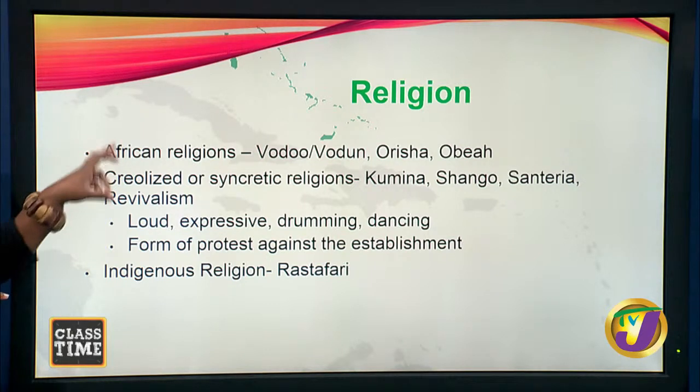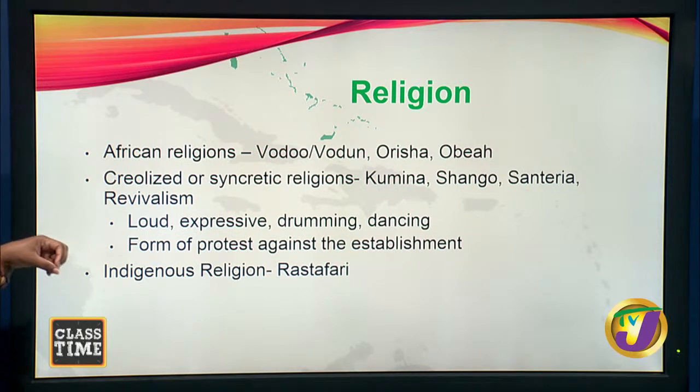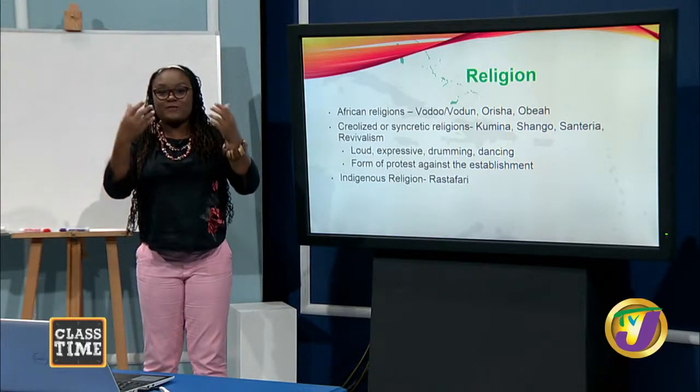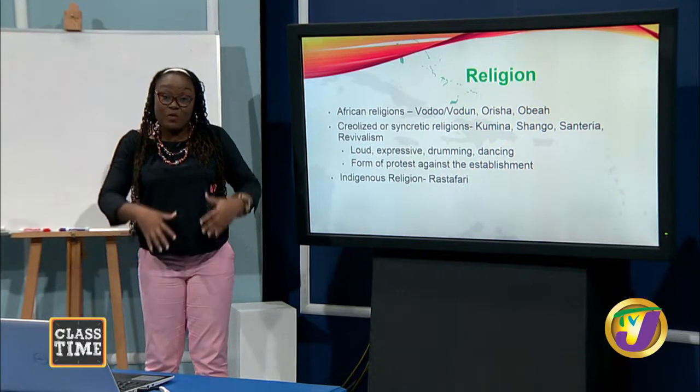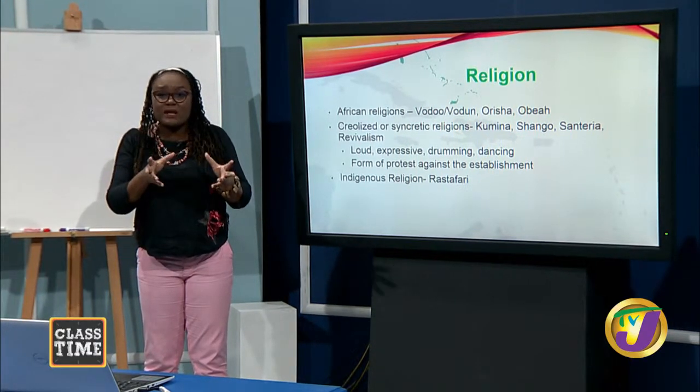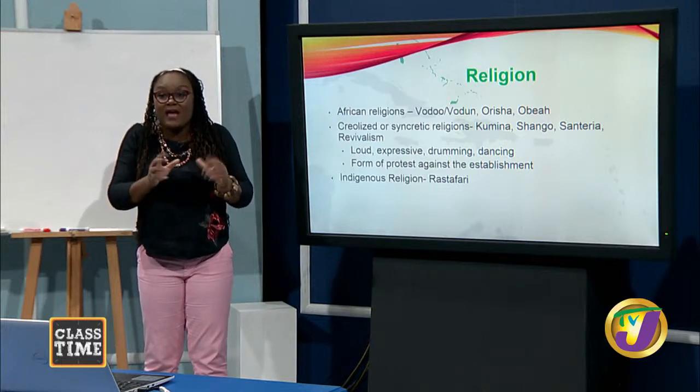So you had distinctly African religions, such as Voodoo and Orisha and Obeah that still continue in the Caribbean. And then you had the syncretized religions. That is where the elements of Christianity are infused into the African style of worship. And I want to show you just a very short clip of Kumina, a Kumina kind of celebration.